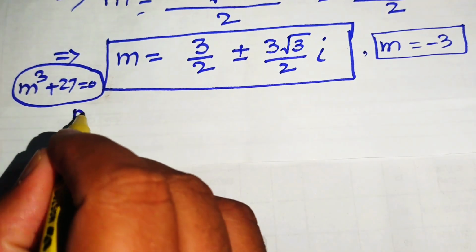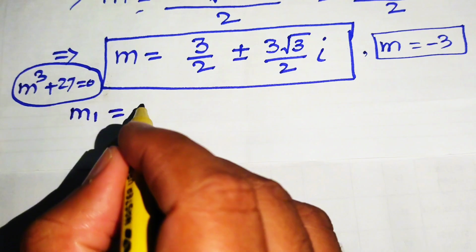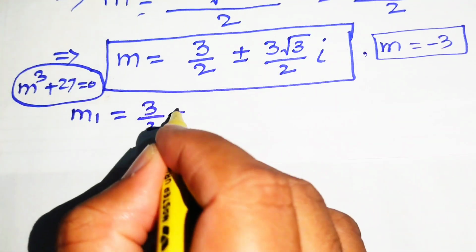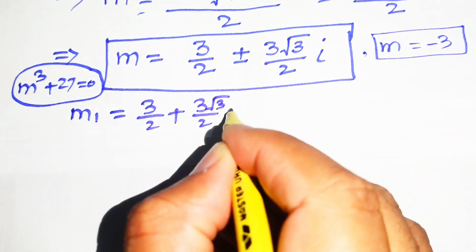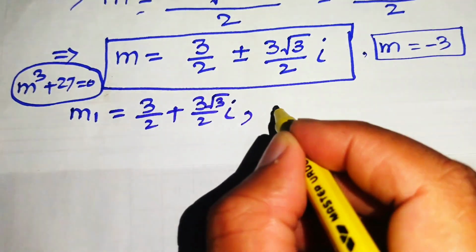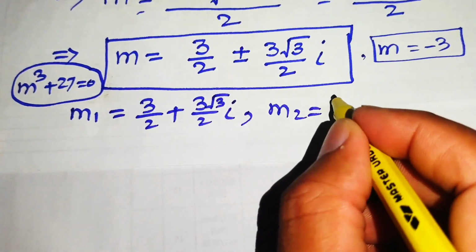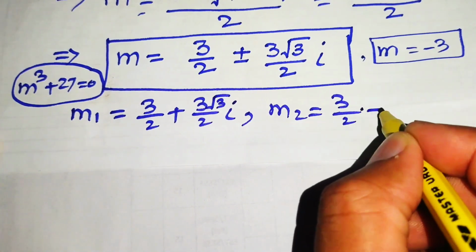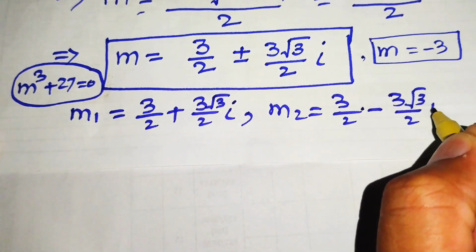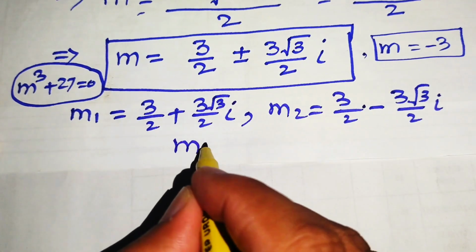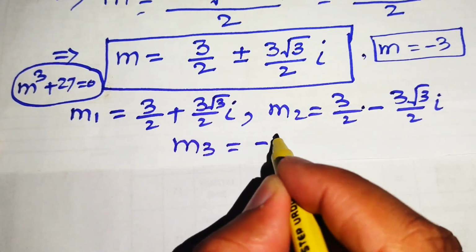We rewrite these three roots as m1 equals 3 over 2 plus 3 over 2 into square root of 3 iota. This is the first root, and m2 equals 3 over 2 minus 3 into square root 3 over 2 iota, and its third root is m3 equals minus 3.